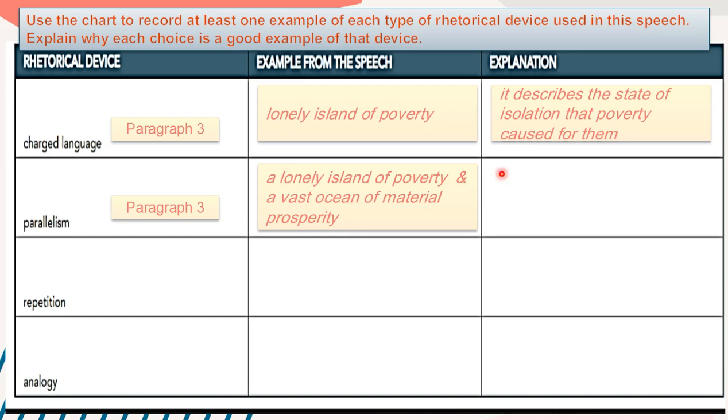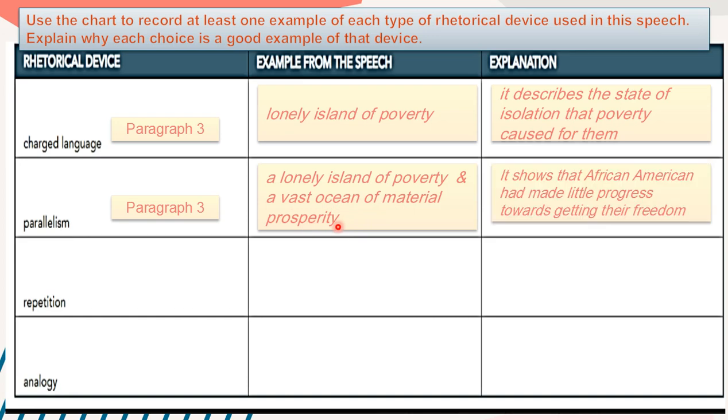He repeats the same structure, starting with an adjective, lonely, island is a noun, of is a preposition, poverty a noun. The second part has the same structure: vast is an adjective, ocean is a noun, of preposition, material prosperity. Prosperity here is a noun too. What does this mean? It showed that African Americans had made little progress towards getting their freedom.